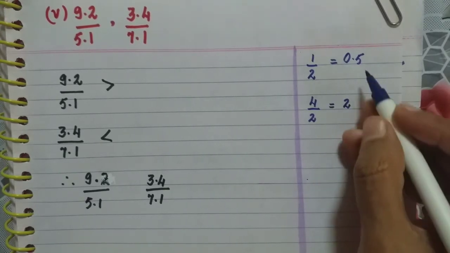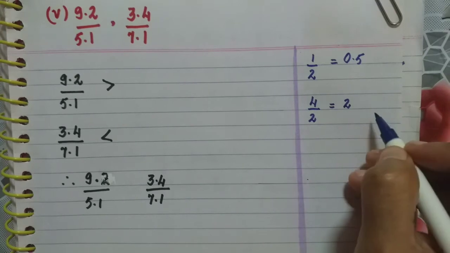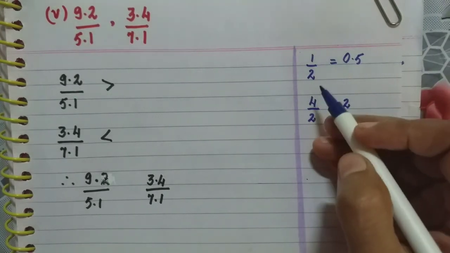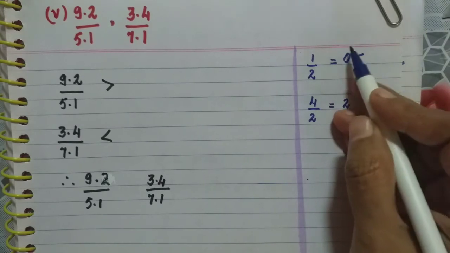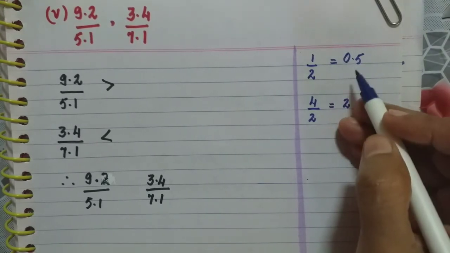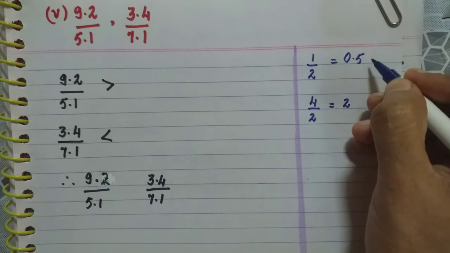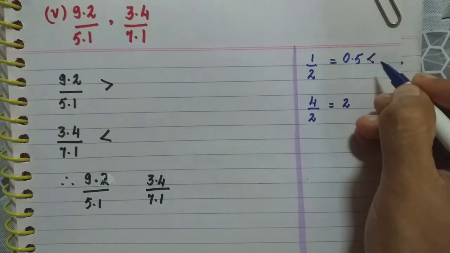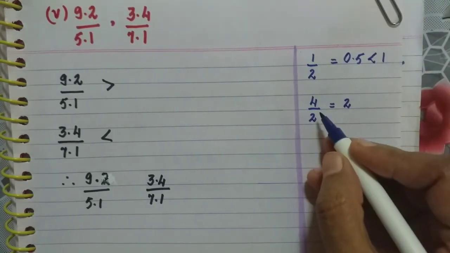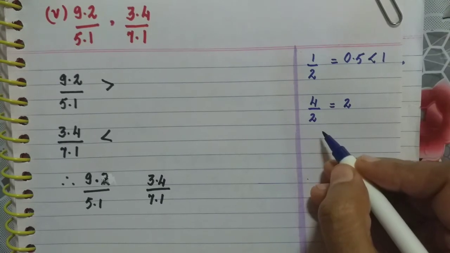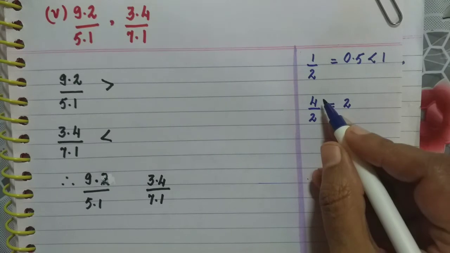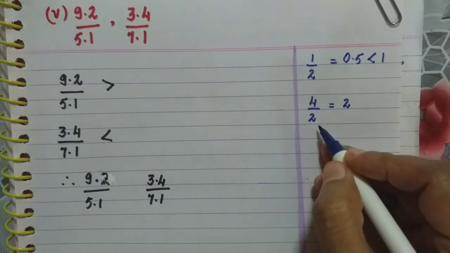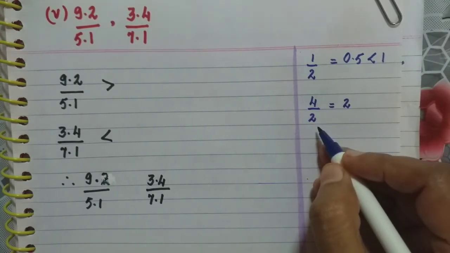Now, do you see in both of these, what do we see here? If the numerator is lesser than the denominator, the answer is 0.5, and 0.5 is lesser than 1. In the second example, the numerator was greater than the denominator. 4 is greater than 2.